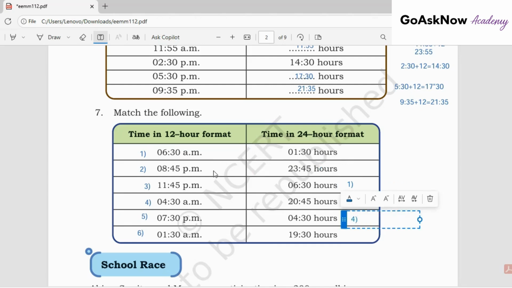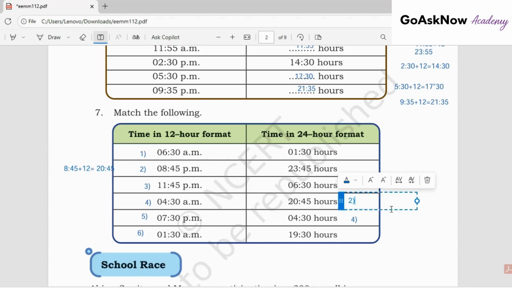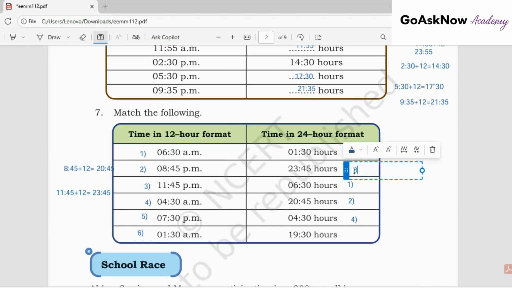Let us calculate this one. 8:45 plus 12 is equal to 20:45. Where is it? This here. This is 2. Next, 11:45 plus 12 is equal to 23:45. Where is it? It is the third one.